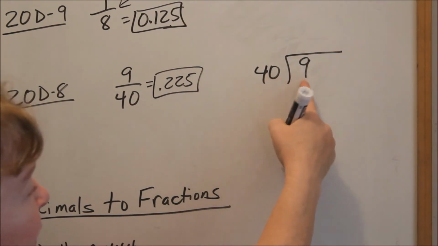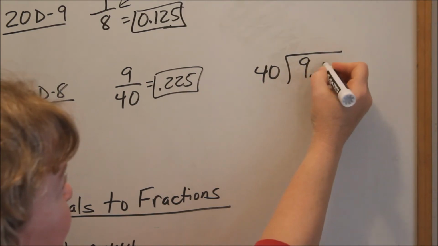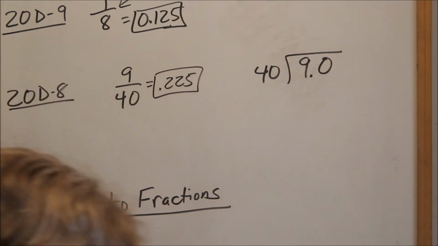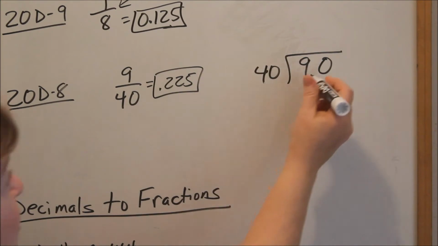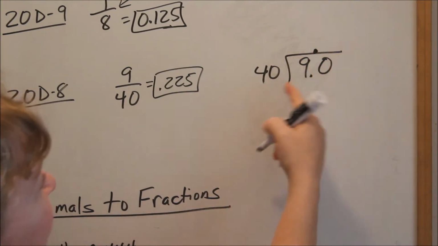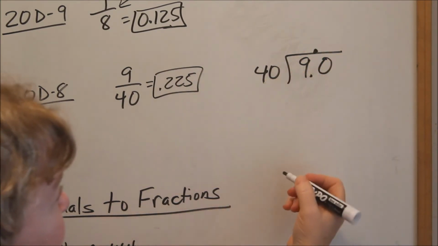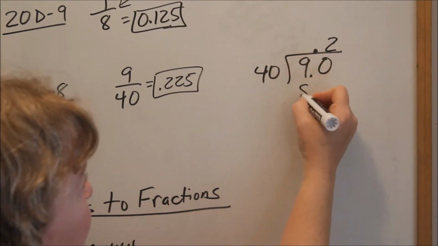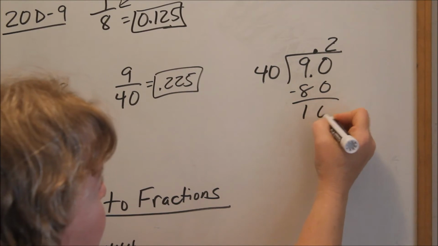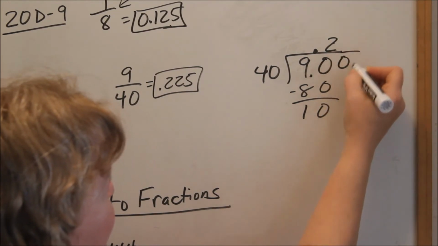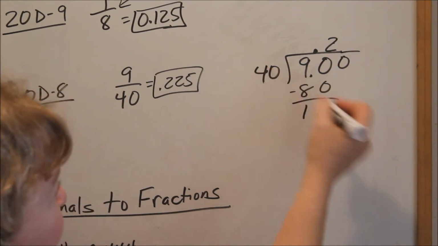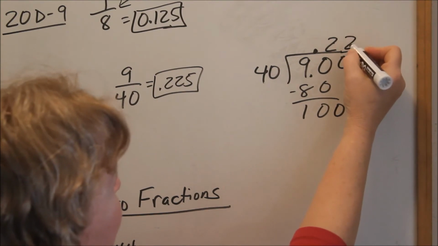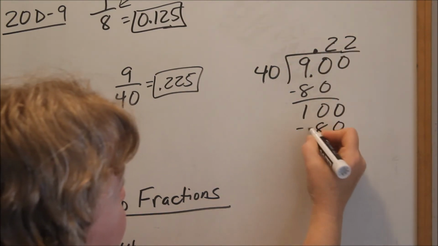Okay, so 40 can't go into 9. So put a decimal, add a 0. Then when you're dealing with decimals, move your decimal straight up. Now I can just look at the numbers, 40 into 90. The most times 40 goes into 90, twice. 2 times 40, 80. Subtract, 10. Add a 0, bring it down. 40 into 100, 2. 2 times 40, 80.